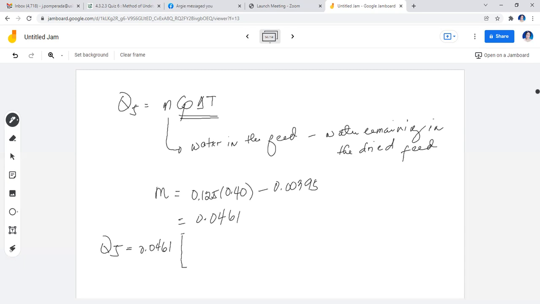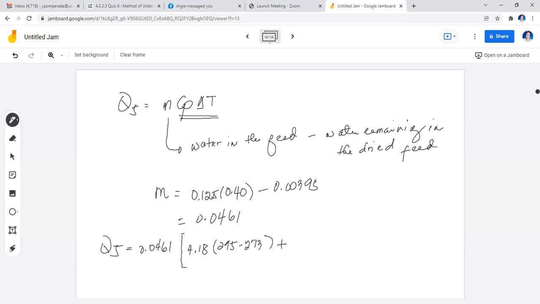In that case, if it's still liquid, we will have 4.18 times 295 minus 273. This is your sensible heat here, based on the datum temperature to reach this particular temperature.